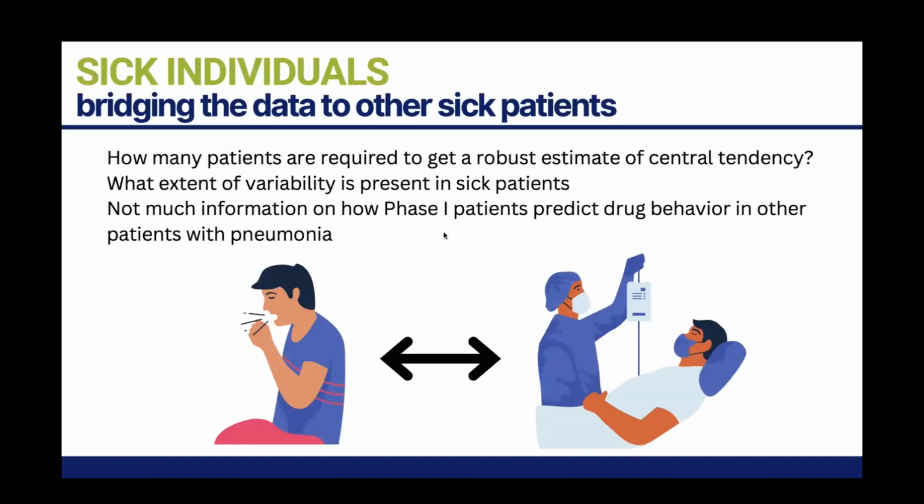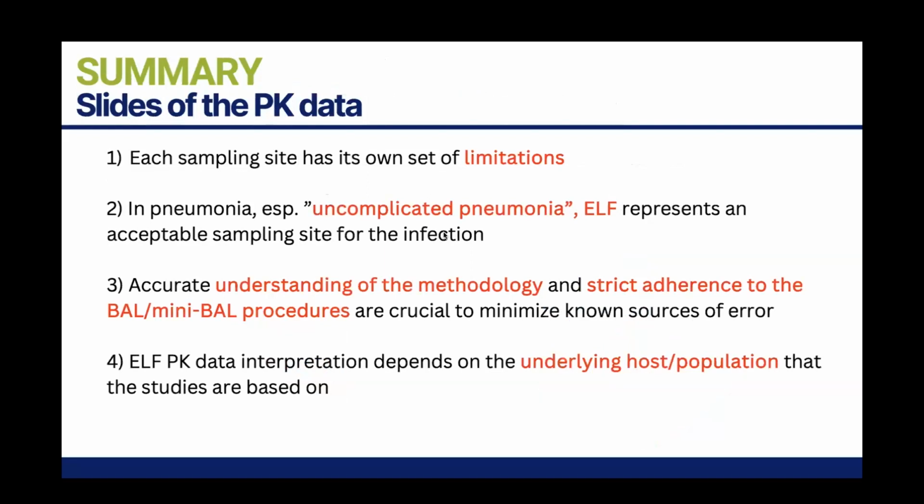So with that, we need to navigate the data that we have when we read papers on PK or pharmacokinetic data in patients with pneumonia. So in summary, each sampling site has its own set of limitations, and in pneumonia, ELF might be a good representation for uncomplicated pneumonia.